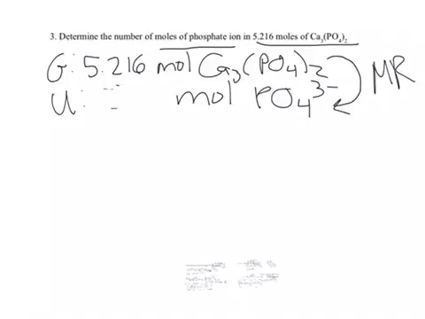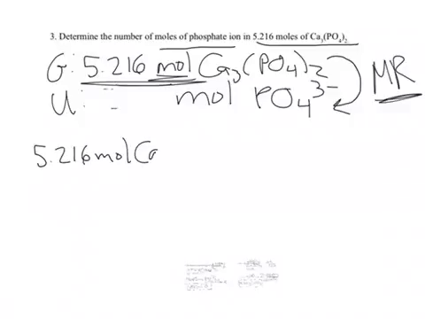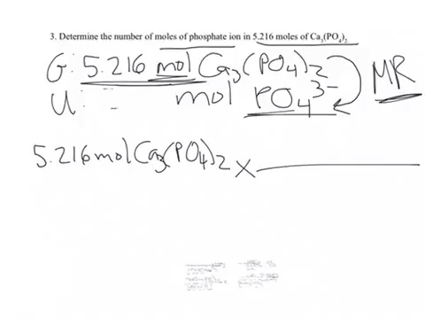I am already in moles, so all I need is my mole ratio. Mole ratio can be used when you have units of moles. So I set it up, 5.216 moles of calcium phosphate, and I'm going to convert it to just moles of phosphate. My mole ratio comes from our subscripts right here.